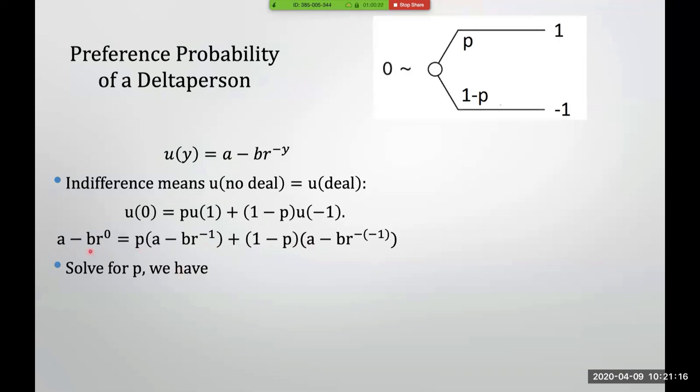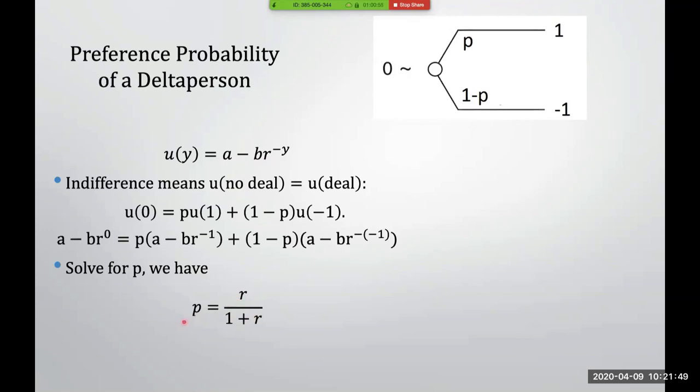When we solve for p out of this equation, we will have p is equal to r over 1 plus r. As you can see, when we simplify this equation and solve for p, we do not have a or b in this solution for p. The only constant out of a, b, r that matters for p, for the preference probability, is r.